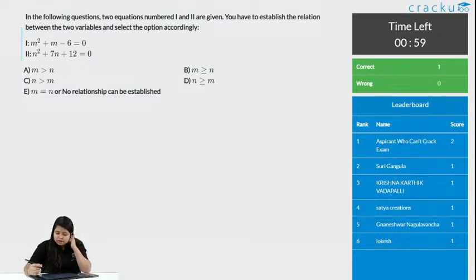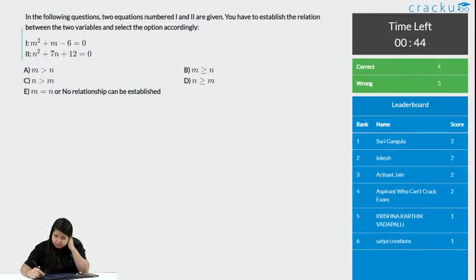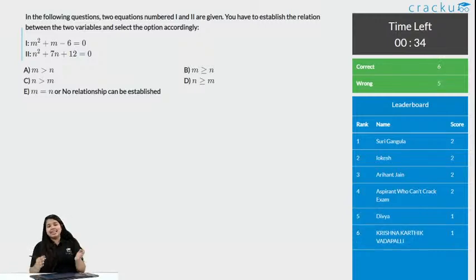Okay, one person got this correct. Aspirant, why are you having such a name? No, aspirants can crack the exam.